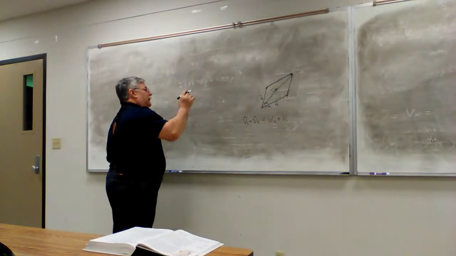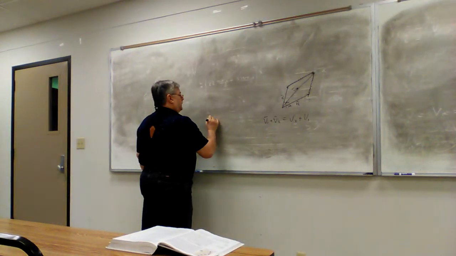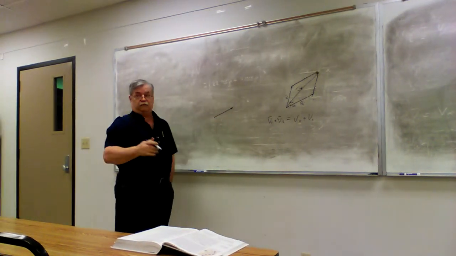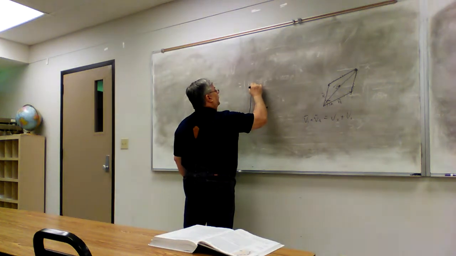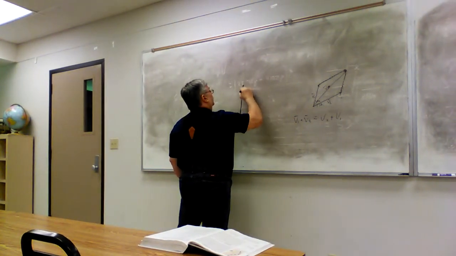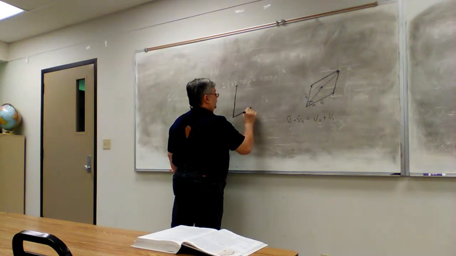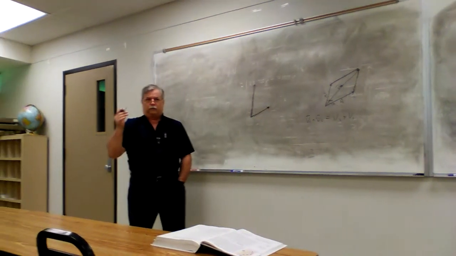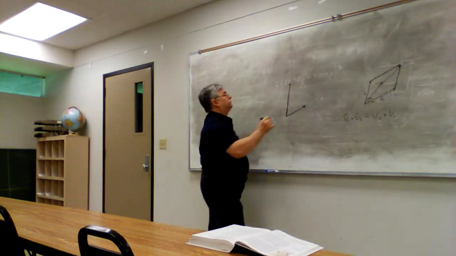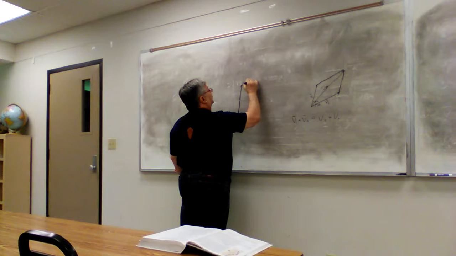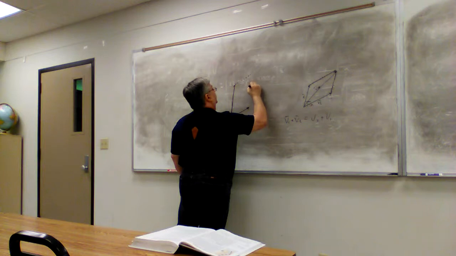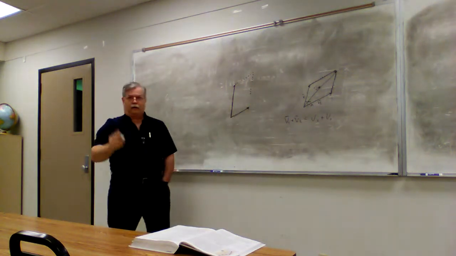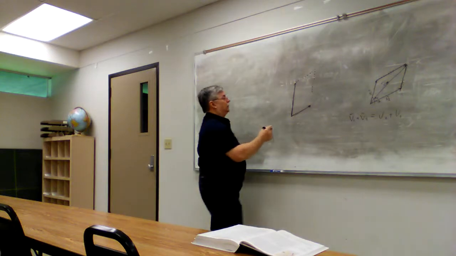Now, this is something that gave a couple of people trouble yesterday when we started adding vectors. When you complete the parallelogram, you're basically doing the same tip-to-tail geometric trick, but you don't have to redraw the vector.